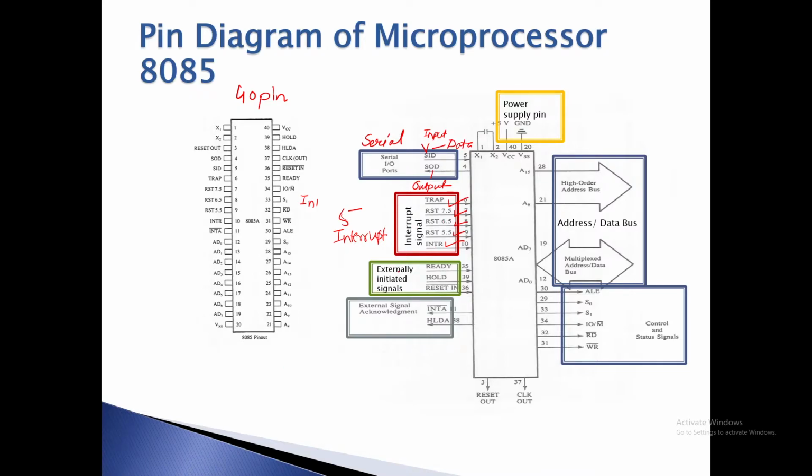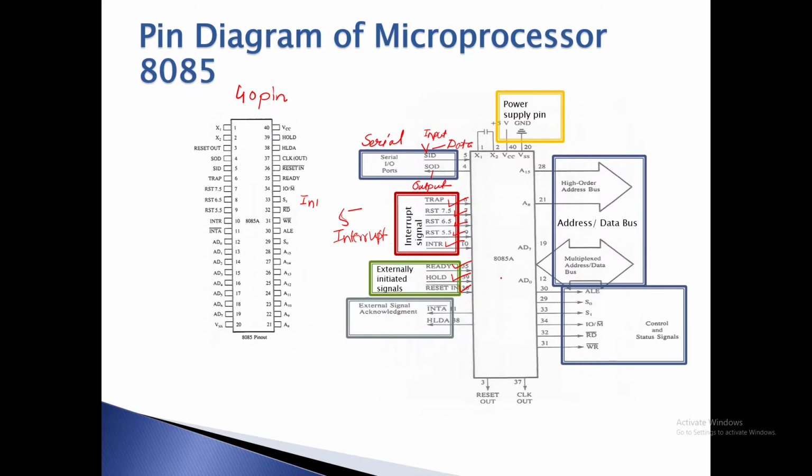Apart from this, it has externally initiated signals like ready, hold, and reset. Now, when it communicates with the peripherals, there is a possibility that peripherals need acknowledgement that the 8085 has got the signal.